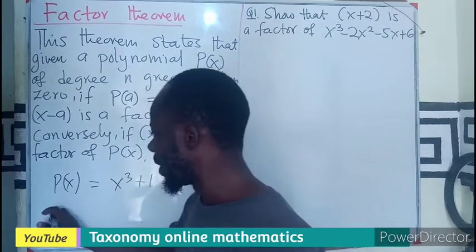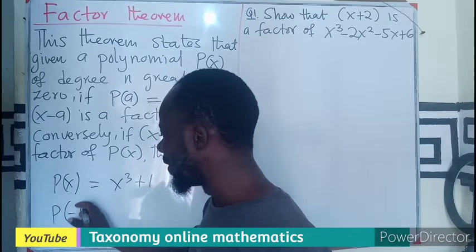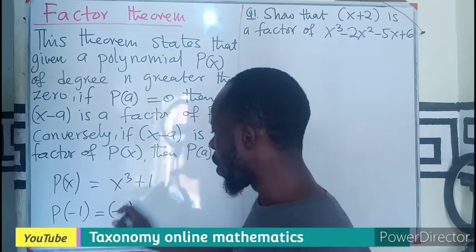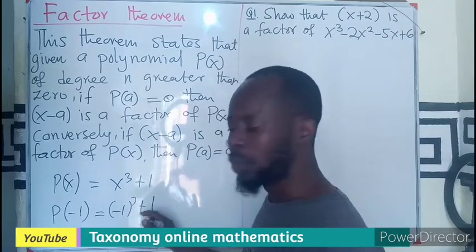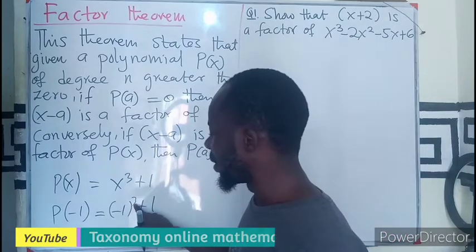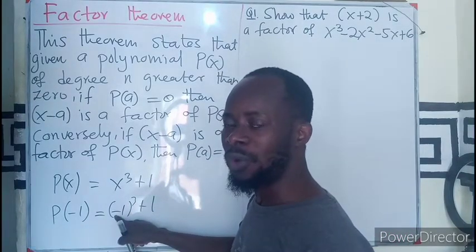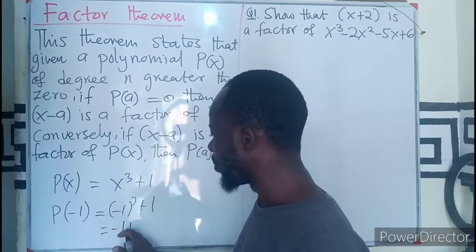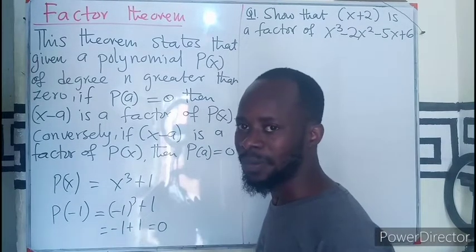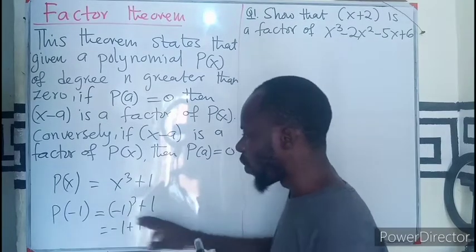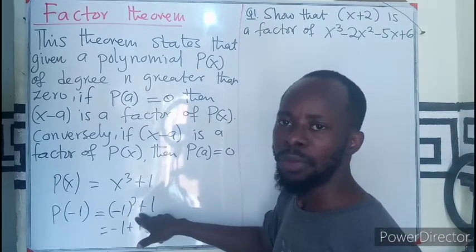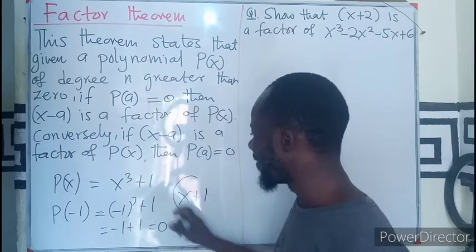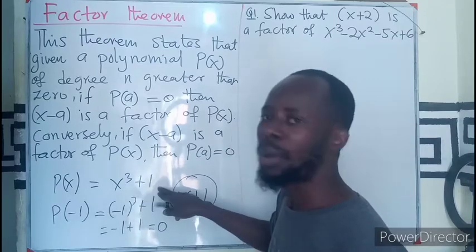So in this case, if I set x to be -1, I'll have -1 all cubed plus 1. Since this is an odd power, the negative sign stays in the answer. So I'm going to have -1 plus 1, which is 0. If this is the value of x that makes this polynomial 0, it means that x plus 1 is a factor of this polynomial.